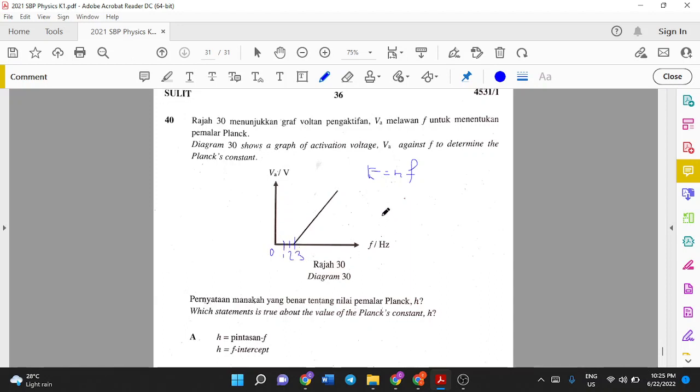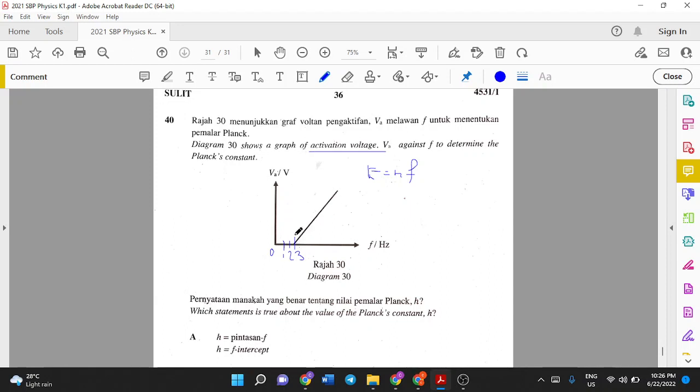When you supply the circuit with 1 volt, the LED bulb will not light up. You supply 2 volts, the LED bulb will also not light up, because in order for the LED bulb to light up, you need to first achieve the activation voltage.